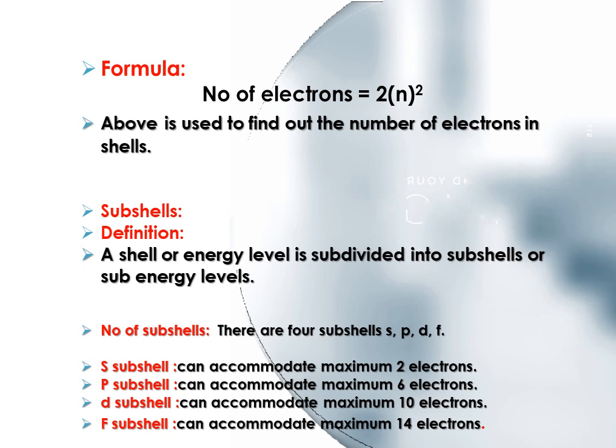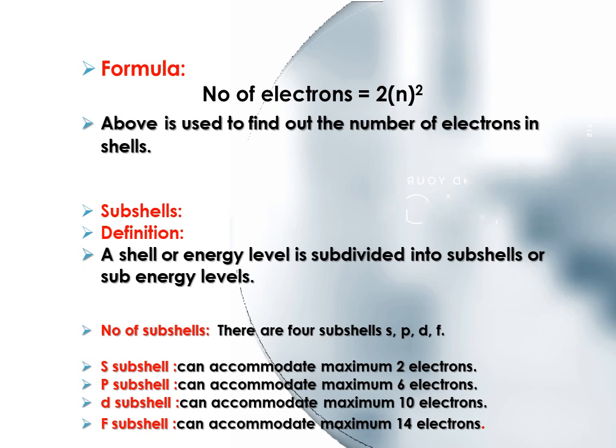In the 2n2 formula, n shows the shell for which you want to find the number of electrons. So if you want to find the number of electrons in the first shell, put n equal to 1. If you want to find it in the second shell, put n equal to 2. If you want to find the number of electrons in the third shell, put n equal to 3.